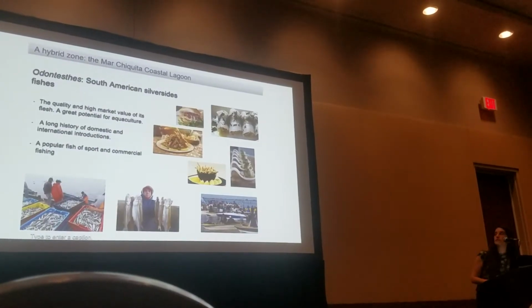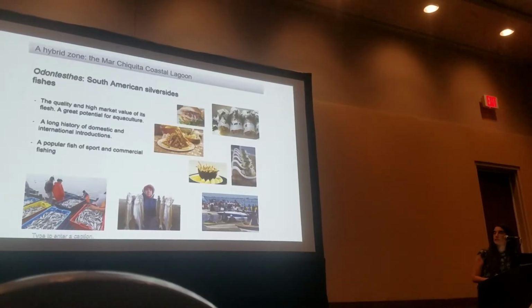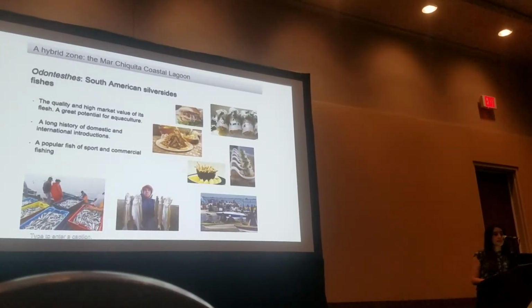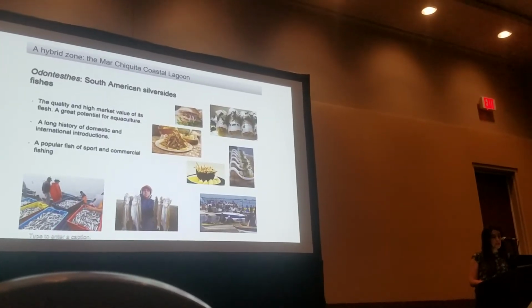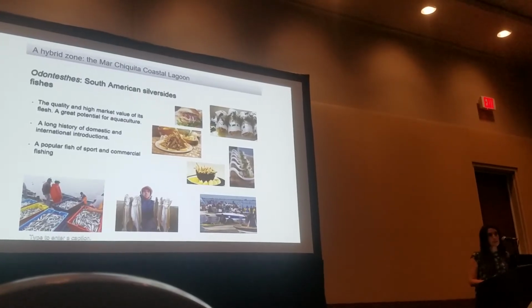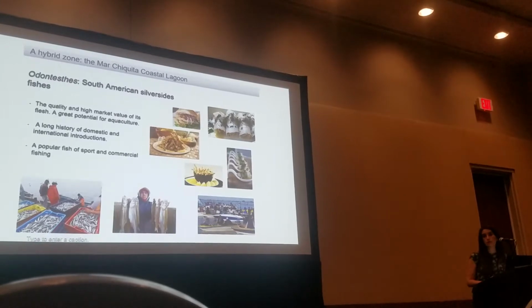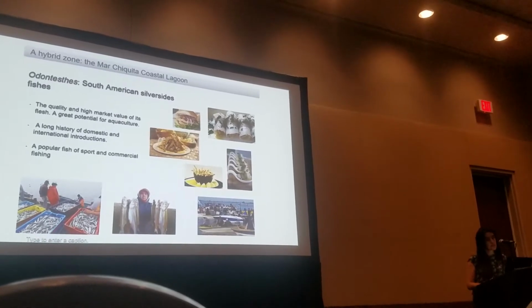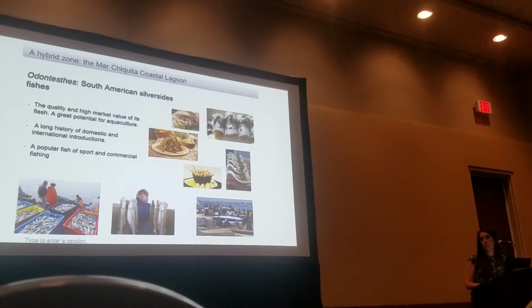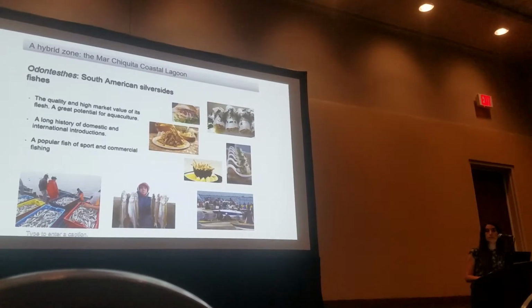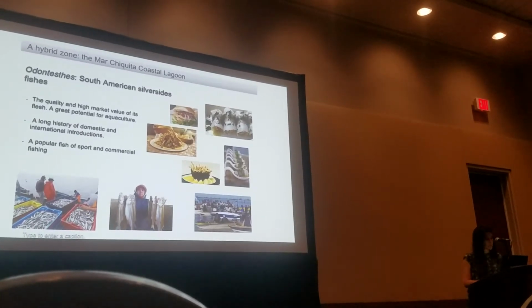The Odontesthes are a very important group in South America because of the quality of its flesh, and also it has a long history of introduction, and actually it's a very popular fish for sport and for commercial fishing.